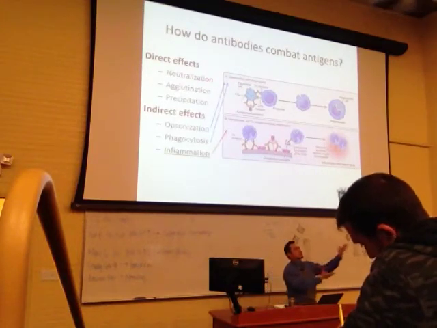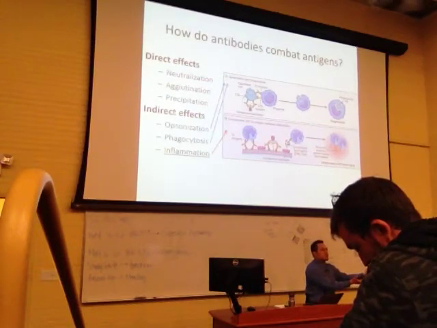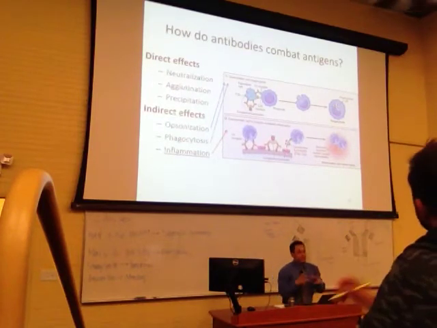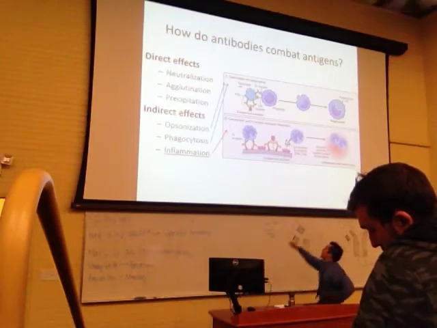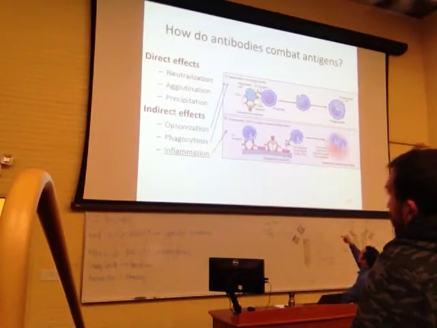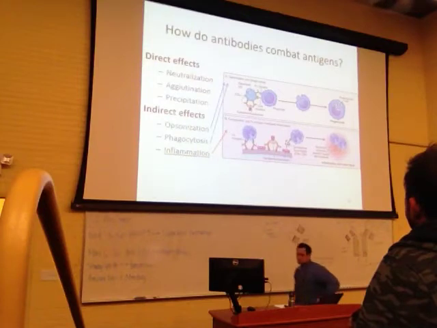So a lot of times opsonization and phagocytosis go hand in hand. It becomes opsonized, labeled, identified, marked for ingestion, and then it's phagocytosed up. Okay, and you can see this diagram here nice and clearly that the opsonized cell, the phagocyte engulfs it and then starts to digest it away.